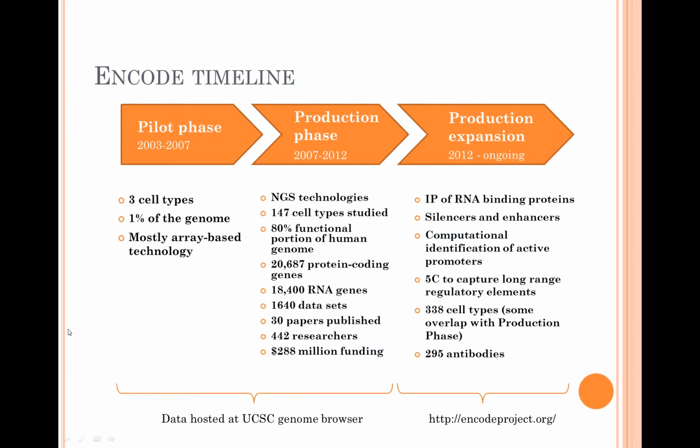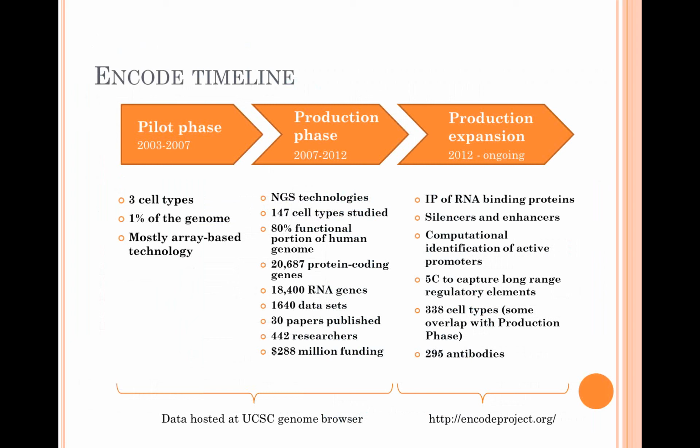This is a timeline for the ENCODE project. Starting from 2003 until 2007 is the pilot phase. There are 3 cell types, and they annotated 1% of the genome. The technology they used is mostly array-based. Starting from 2007, it's the production phase.